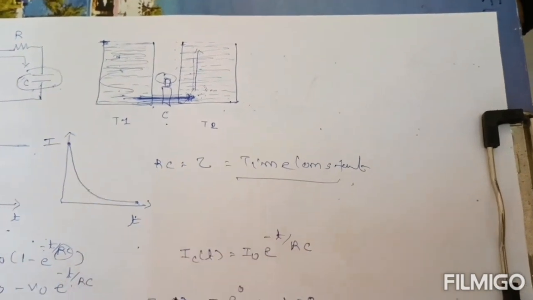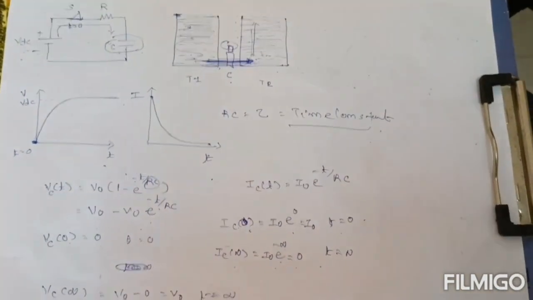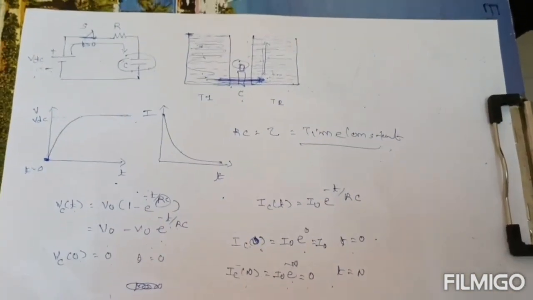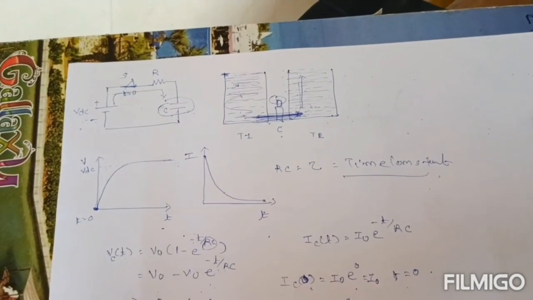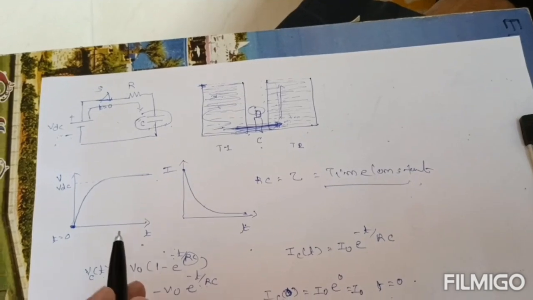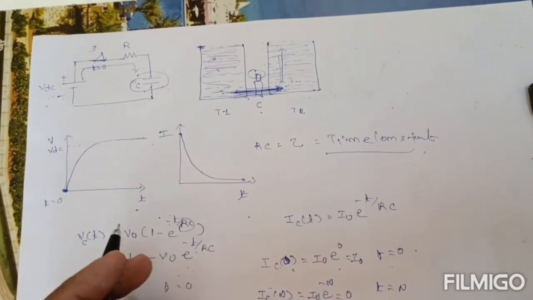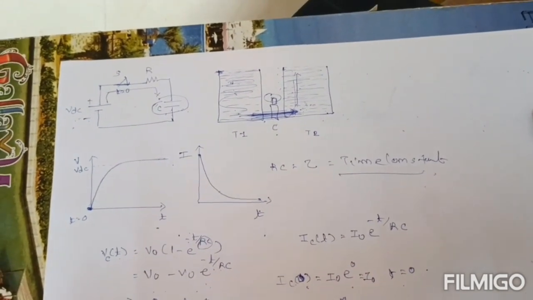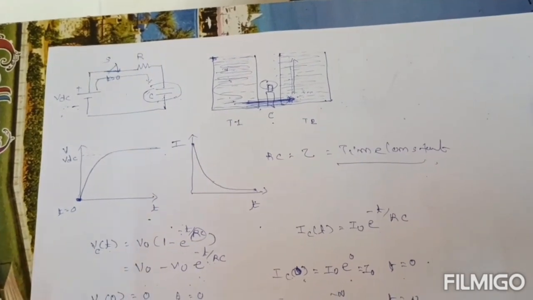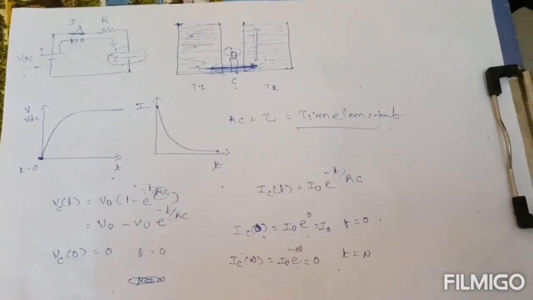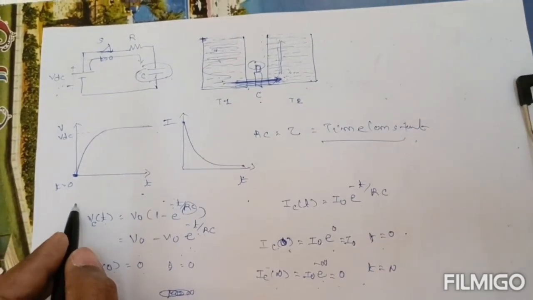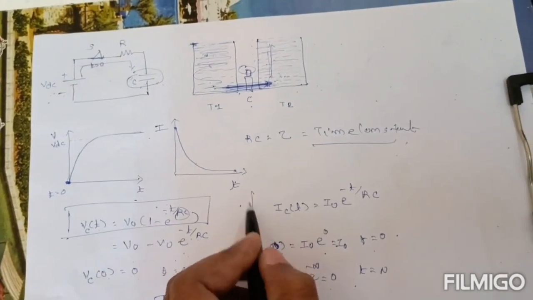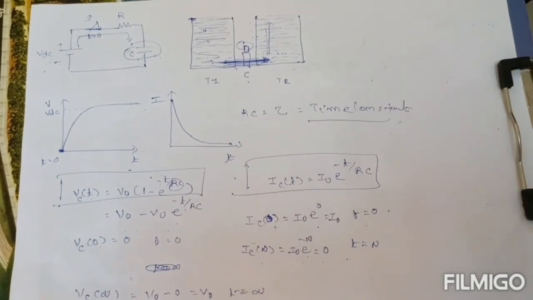This is very useful whenever we analyze the circuit at a particular time. Say at t is equal to 5 microsecond, what will be the voltage across the capacitor? At t is equal to say 6 microsecond, what will be the current through the capacitor? That kind of analysis we can do with this equation. So these two equations are very useful for that.